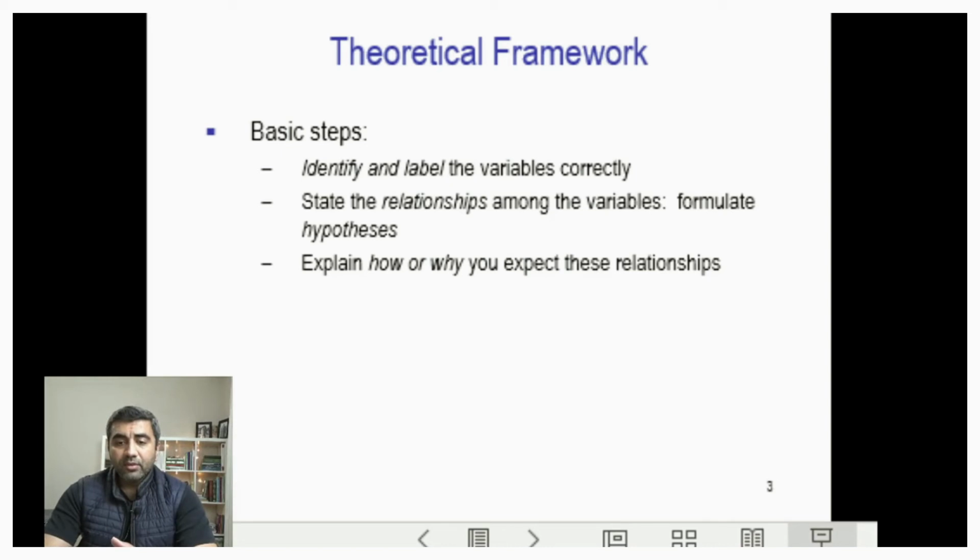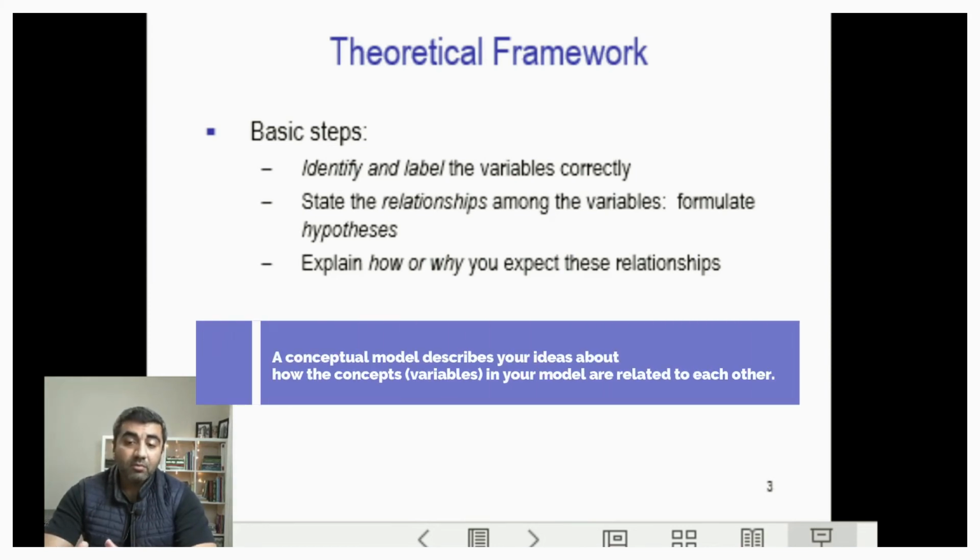The other question is that a conceptual model helps us to structure our discussion of the literature. A conceptual model describes our ideas about how the concepts, and when I say concepts, I'm referring to variables in our model, are related to each other.